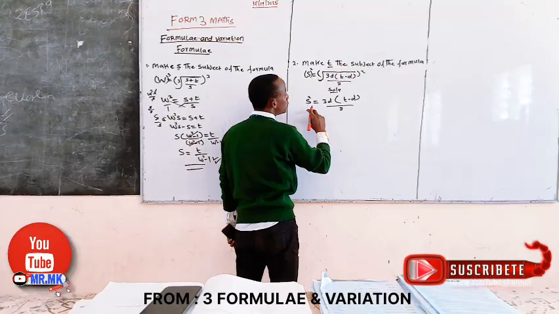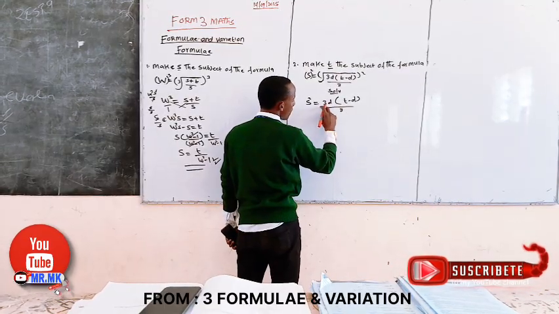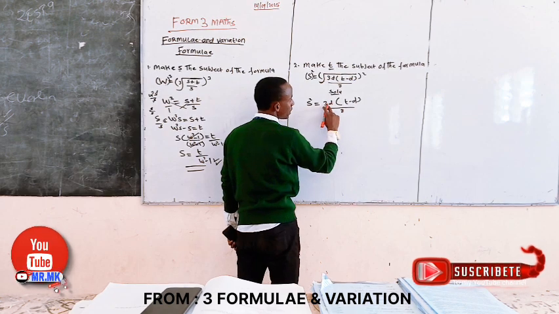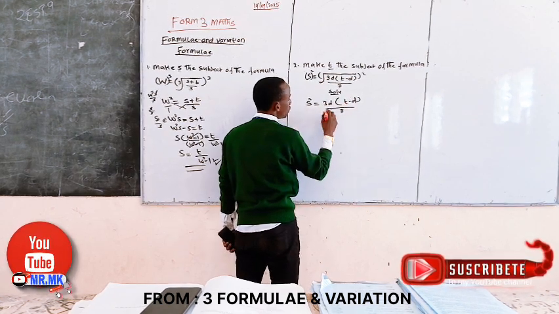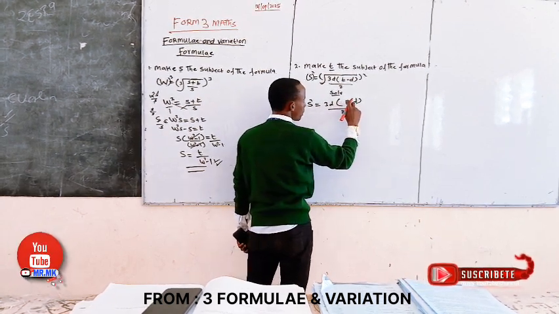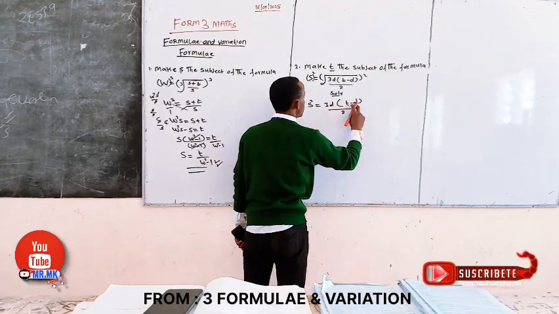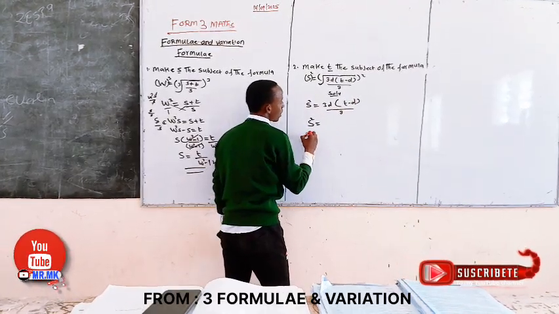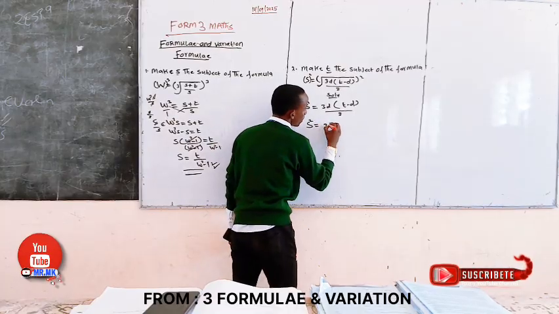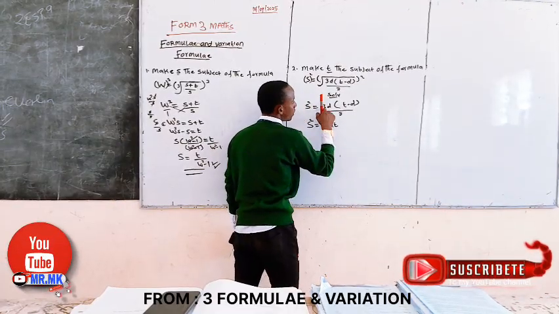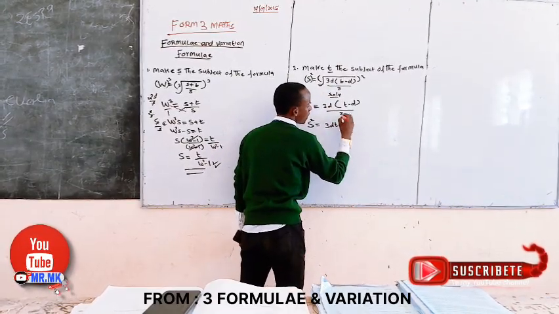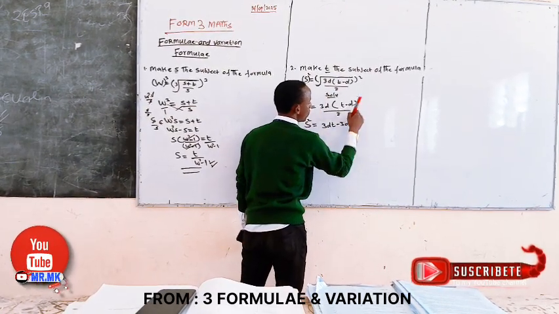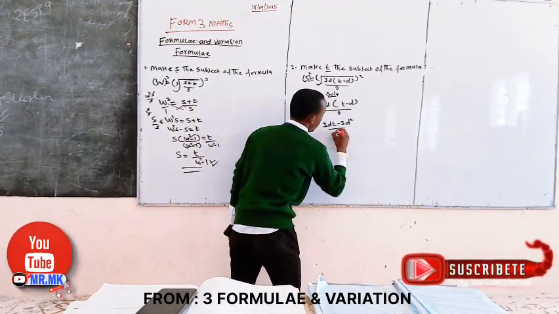After that, you open the bracket. If you open it, 3d times t is 3dt, 3d times d is 3d square. So I will remain with s square is equal to 3dt minus 3d square, d times d being d square, over 8.